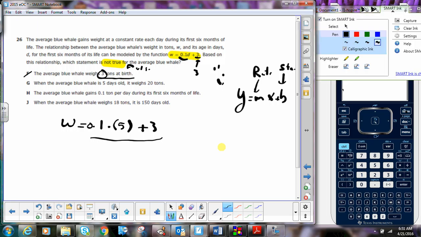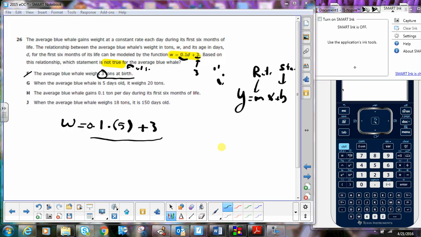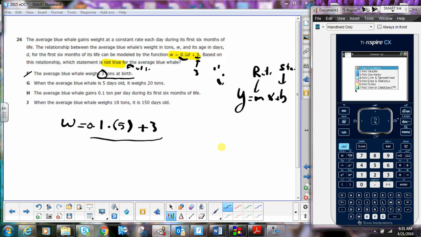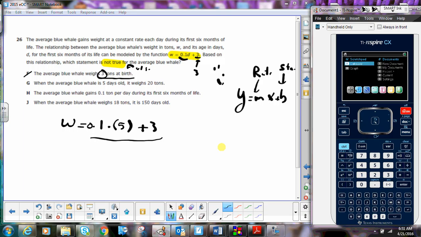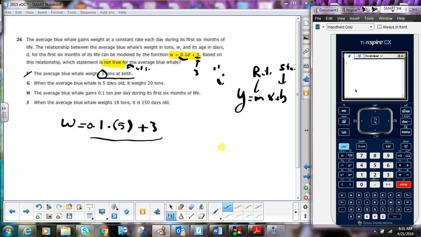Again, we're going to use our calculator. So we're going to look for the weight: 0.1 times 5 plus 3. You see, I'm plugging this equation in to find the weight. Enter.